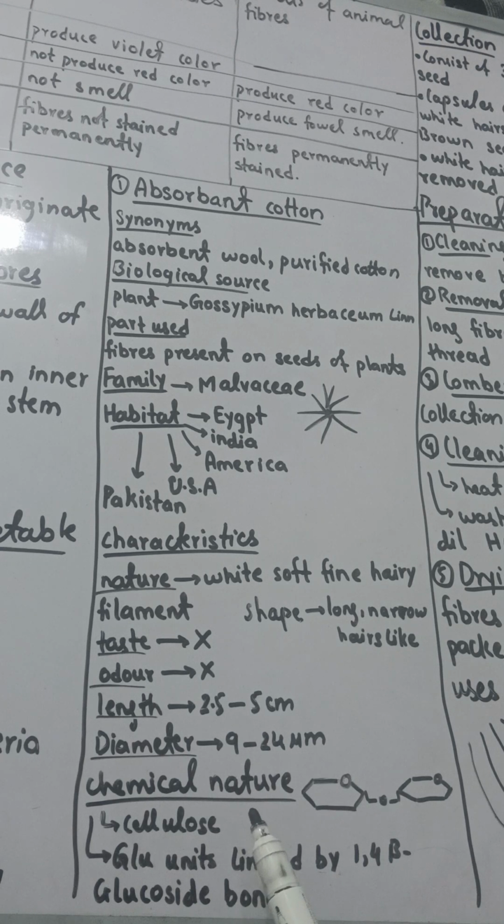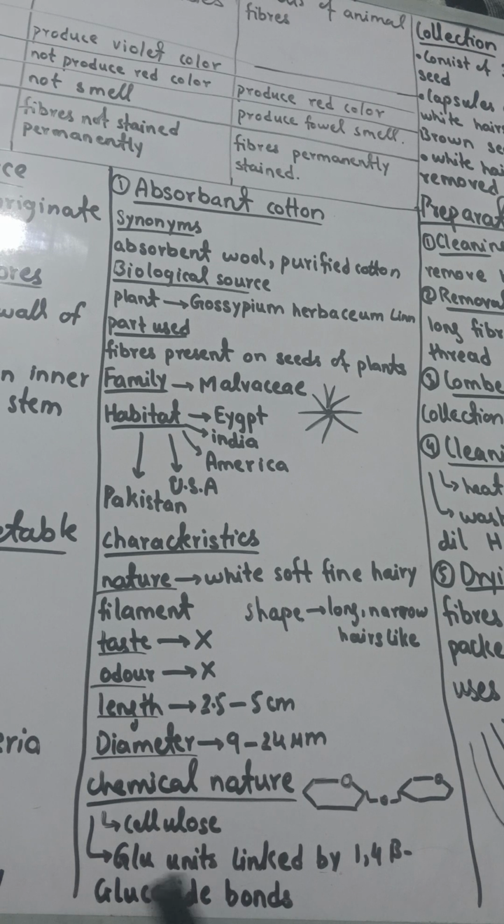So the chemical nature of cotton is that it is composed of cellulose. Various glucose units compose it. You know that cellulose is composed of various glucose units. These glucose units are linked with each other with 1,4 beta glycosidic bonds.